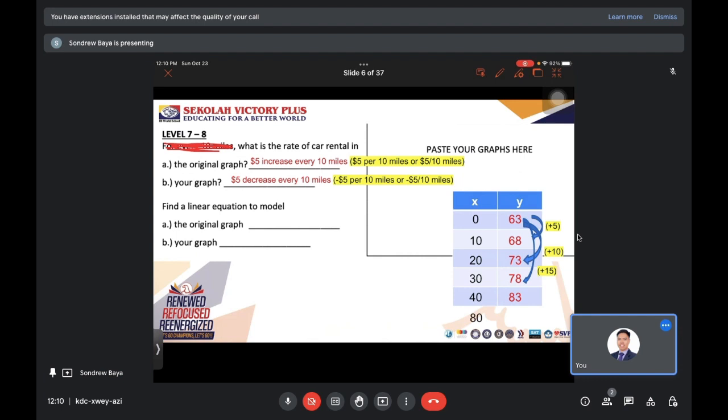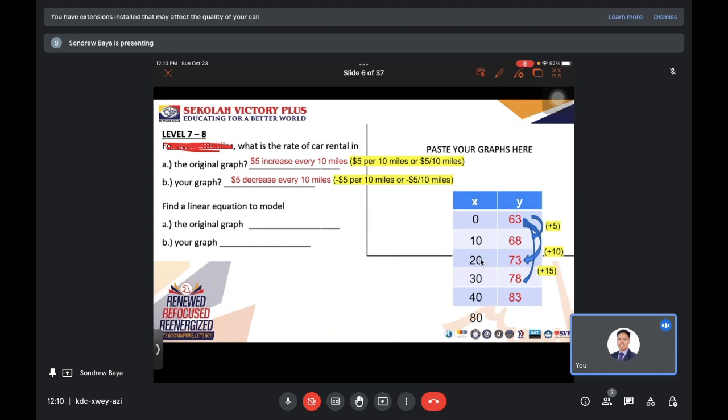All right. Perhaps some of you were able to notice that it's like adding $5 to 63 when covering 10 miles. This 5 is simply half of 10. Similarly, covering 20 miles, you're adding 10 to 63 to get 73. This 10 is just half of 20.